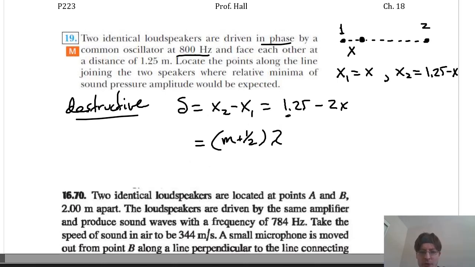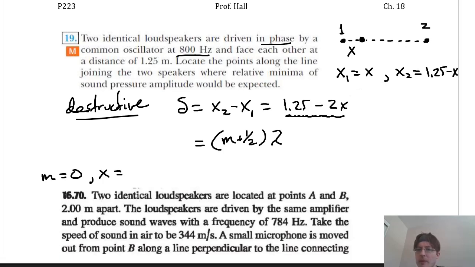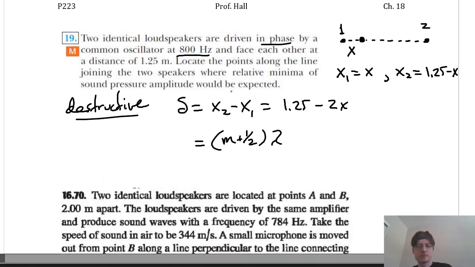Notice what I'm going to do here is I'll plug in m equals 0 and solve for x. So now we'll just solve for x, and then we'll interpret the results here. So I'll solve for x, and what I find is that x is equal to 1.25 over 2. That's the center point, right in the middle.